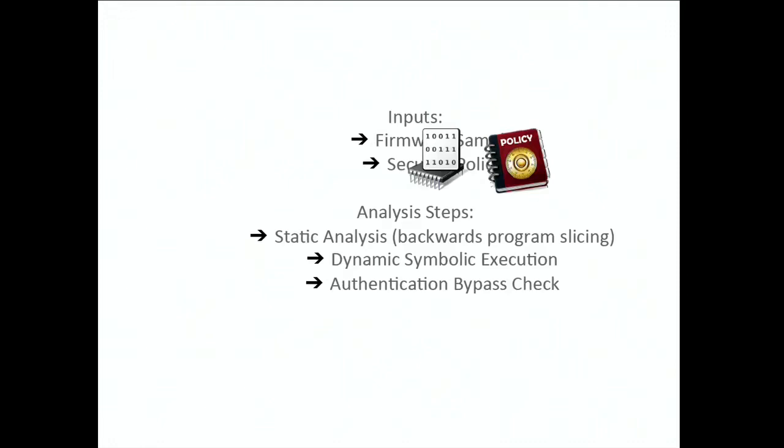Then each backslice is sent to the dynamic symbolic execution procedure. At the end, we can get specific inputs or limitations on the input data which would allow us to pass the way shown in this backslice and reach this critical function.